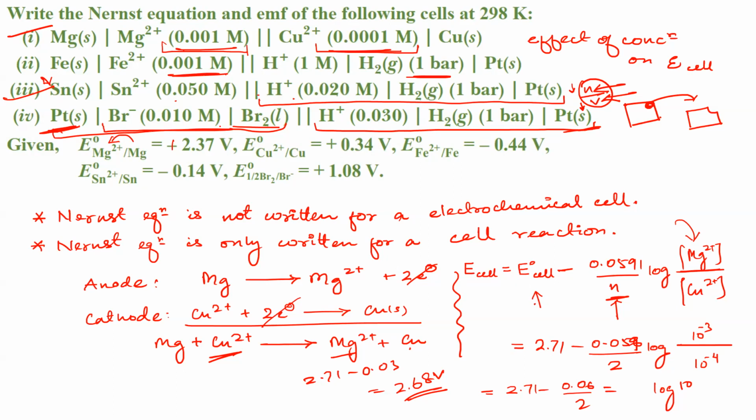Sn to Sn2+ is the same as this one. You can easily see what reaction is happening. Here also you can see Br negative is becoming Br2. Sir, but platinum solid is there. Okay, you are fine. Three is there. Okay, fine.